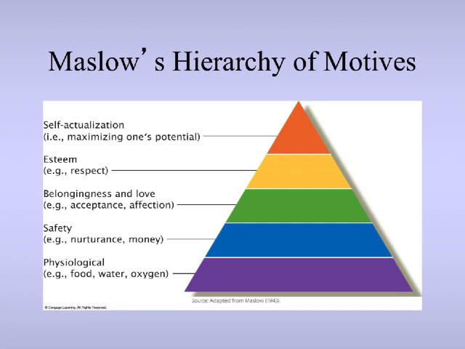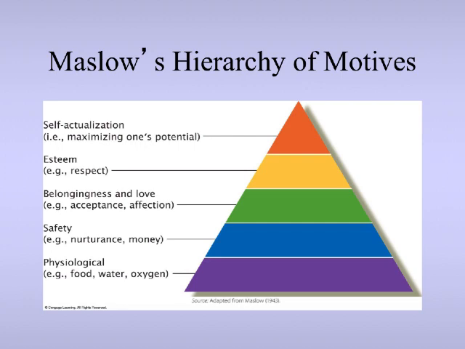Okay, Maslow's hierarchy of motives. Maslow, we've become familiar with Maslow. He's a humanist psychologist. Talked a lot about that people have an intrinsic drive towards self-actualization, to being the person that they were meant to be, to maximizing their own potential.